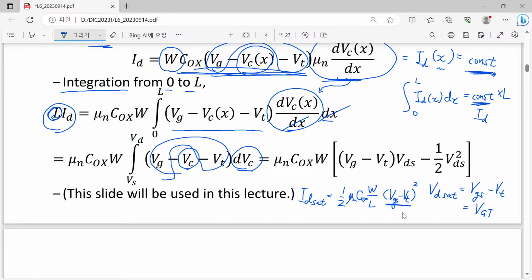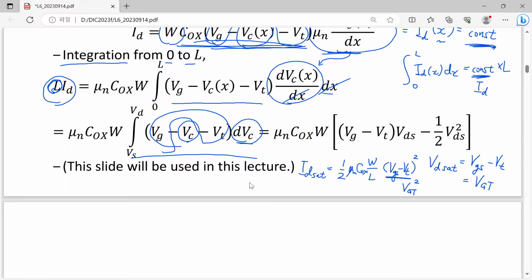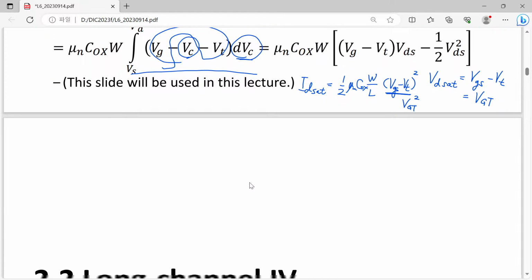So this is nothing but the gate overdrive voltage squared. This is a simple review of our previous lecture, and we have spent quite a long time discussing how we can integrate this form. But it is just a simple reminder of how we can do that.